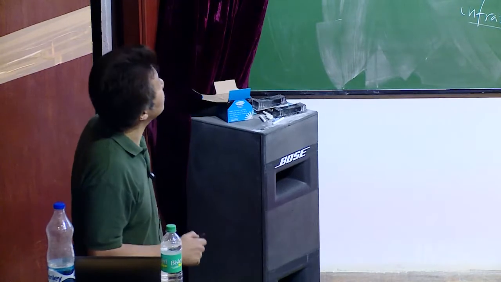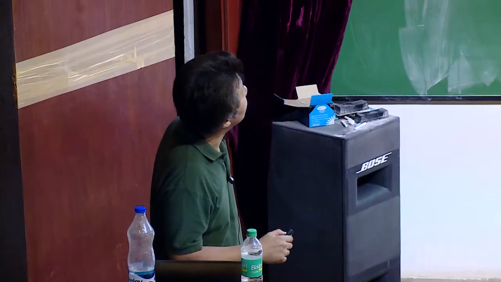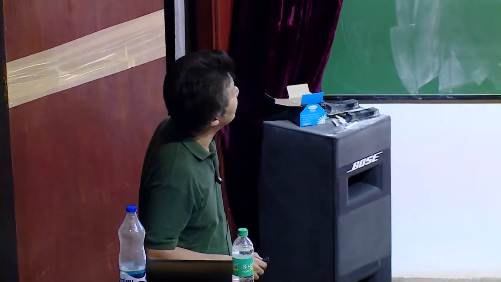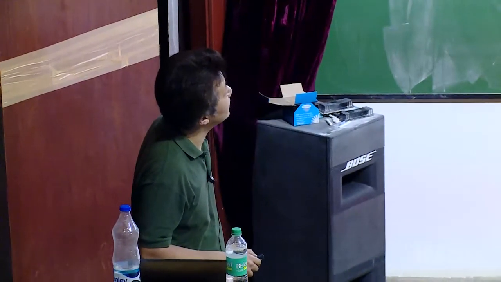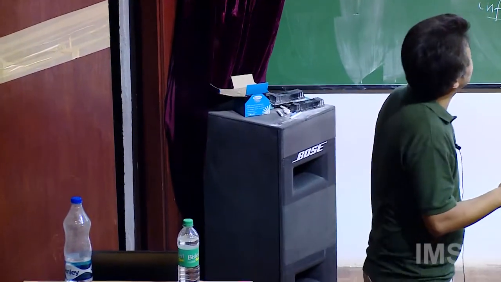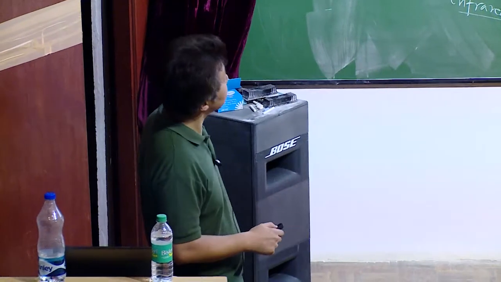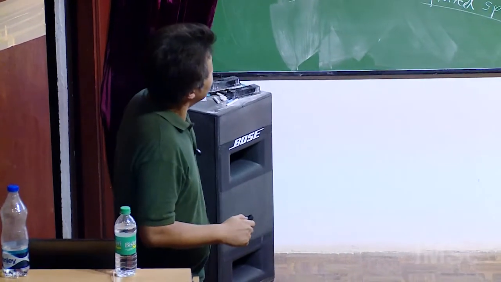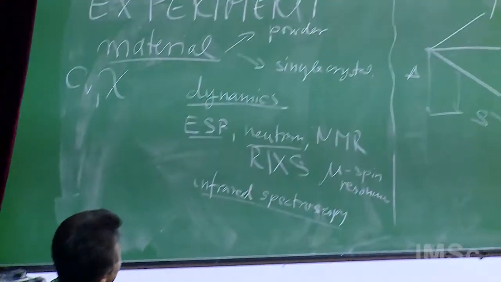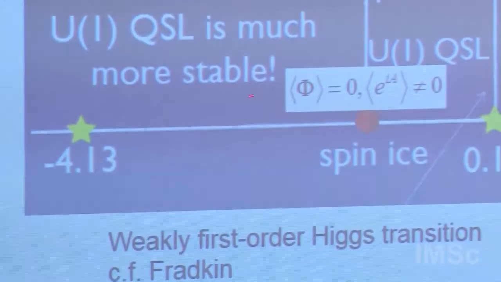This is a case where we have only three types of interactions. One is the Ising interaction, and this is a U1 symmetric exchange coupling, and this is what I call the Q-term or S plus interactions.